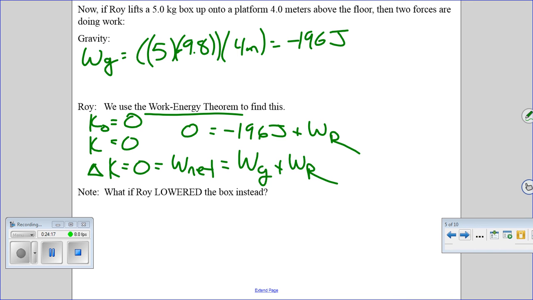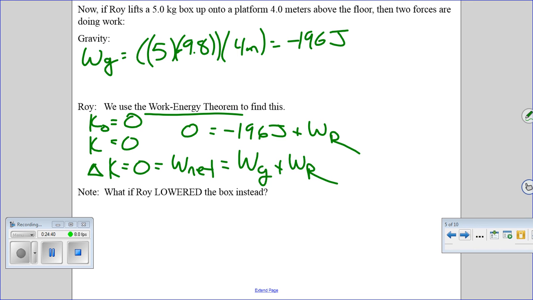Does that make sense, you guys? So the idea is, if there wasn't gravity and Roy exerted 49 newtons on this thing, it would be accelerating very quickly, right? But what's happening is gravity kind of cancels out the kinetic energy it would have had, resulting in a net work, a change in kinetic energy of 0.